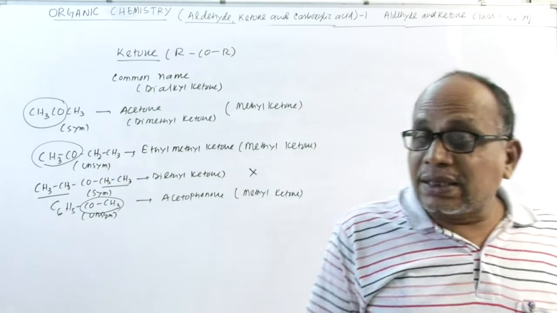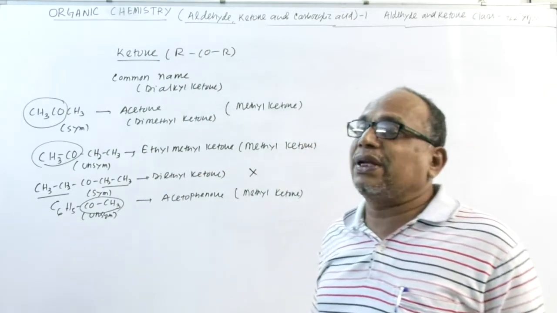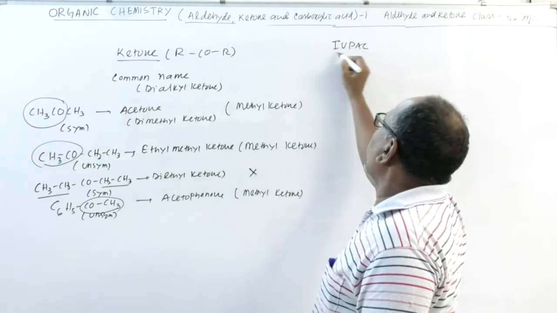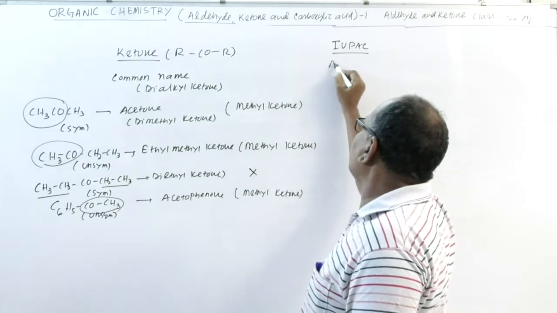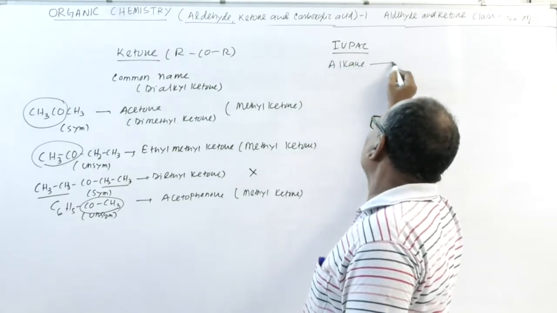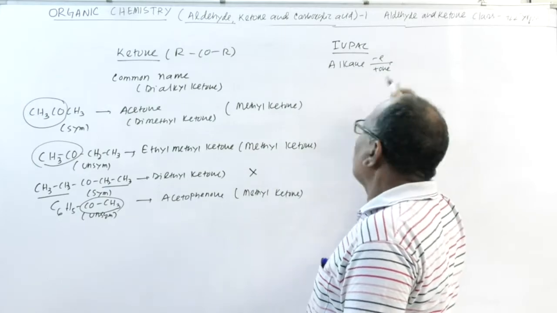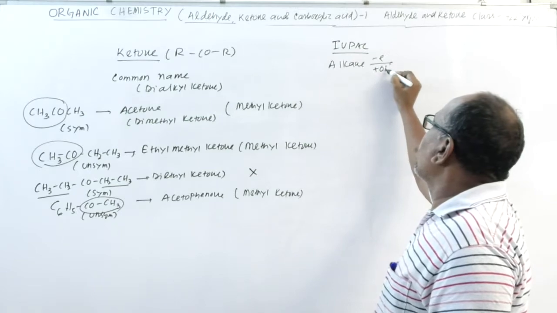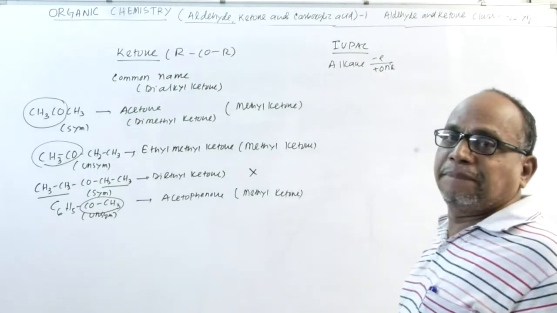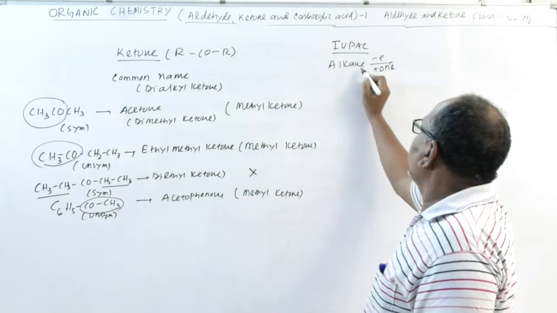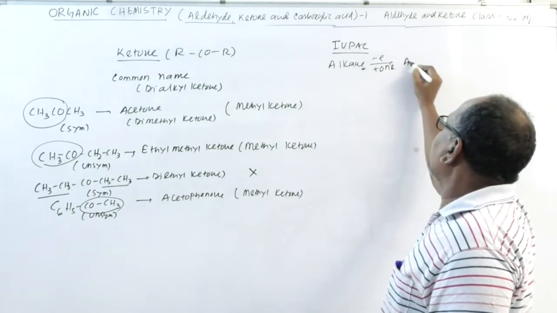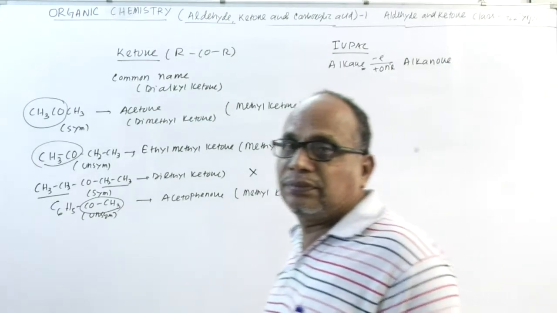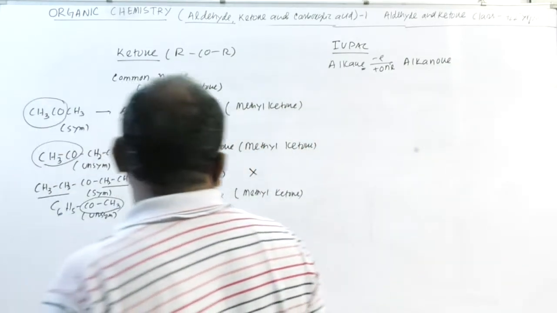Okay. Next, what is the IUPAC name of the ketones? In the IUPAC system, for the ketones, the E of the alkane can be replaced by ONE. E can be replaced by what? ONE. That means this becomes alkanone.